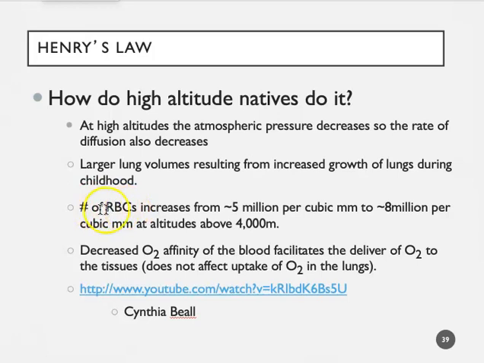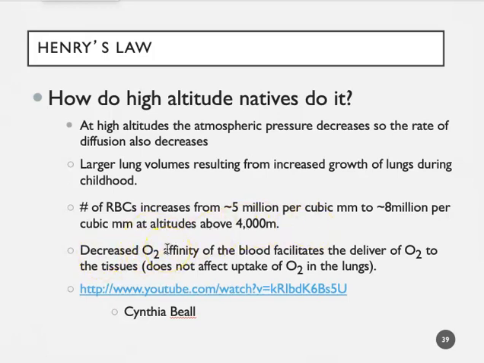However, you will increase the number of your red blood cells. And you can see those numbers here. Again, you don't have to worry about this 500 million or 800 million, but just be aware that as you go into these higher altitudes, the way our bodies will try to acclimate is by increasing the number of our red blood cells that are available to us for gas exchange.